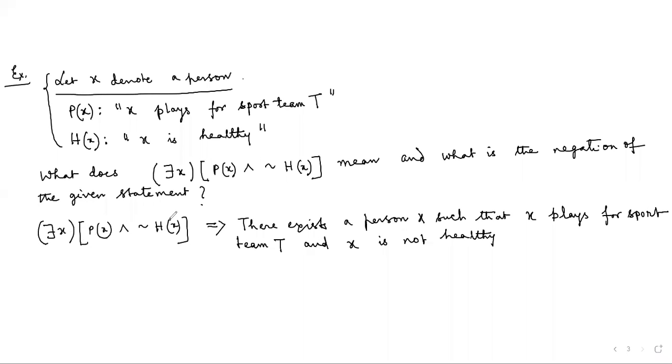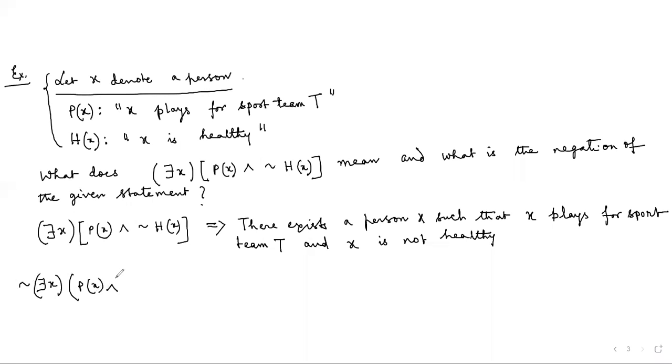So the meaning of this particular statement which I have written is that not all the sport persons are healthy. What will be the negation of this particular statement? Let us try to find out. Negation is denoted by this, as you already know.